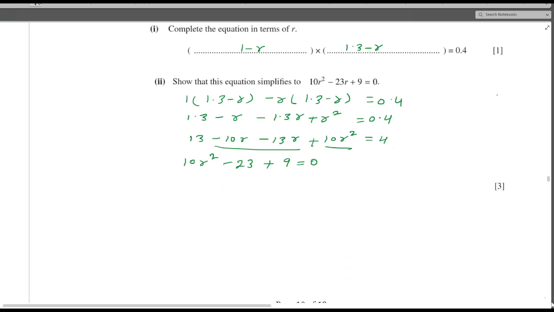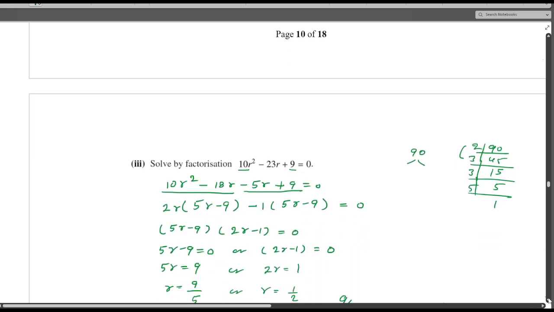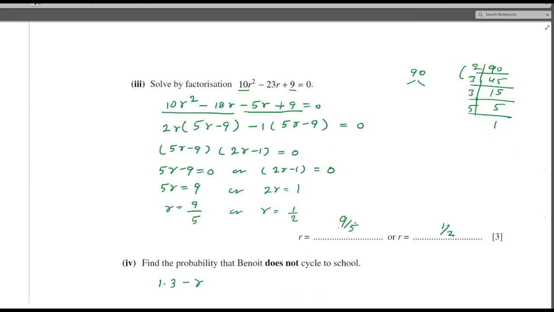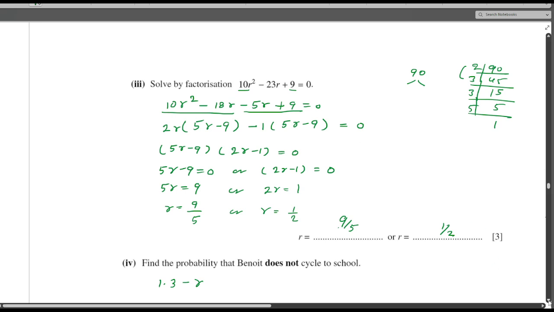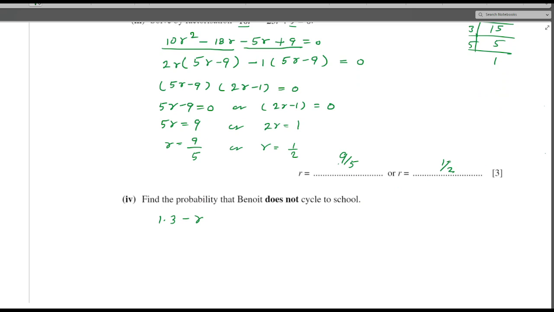Here we have two values. One is 0.5 and the other is 9 upon 5. Definitely 1.8 is much more than 1, so we will not consider that. Out of these two values you should consider 1 divided by 2.